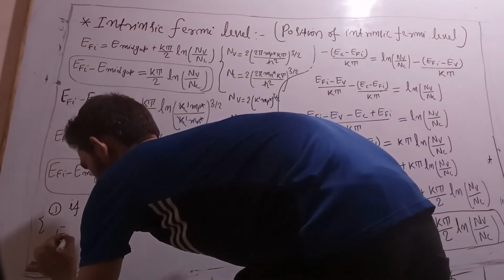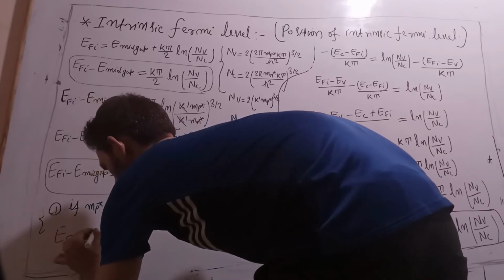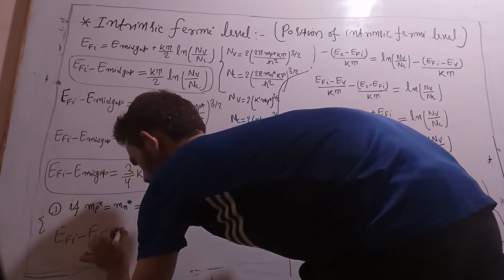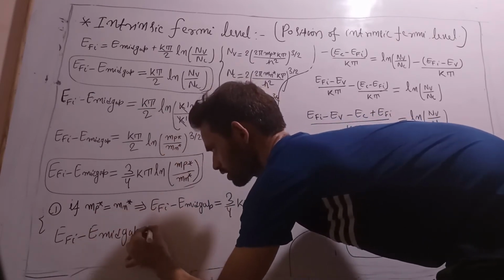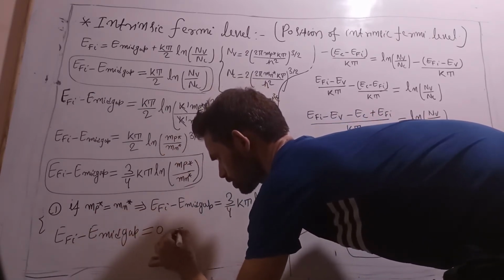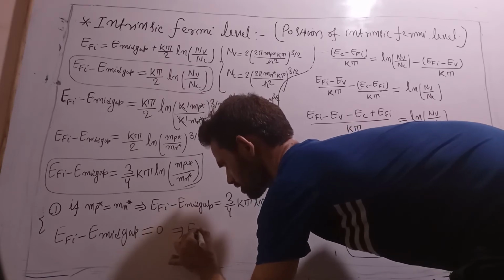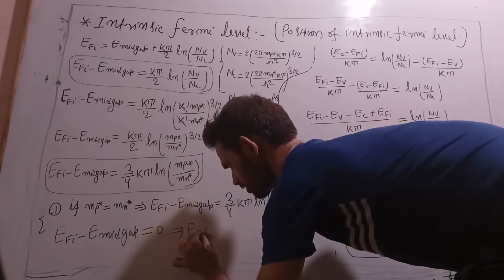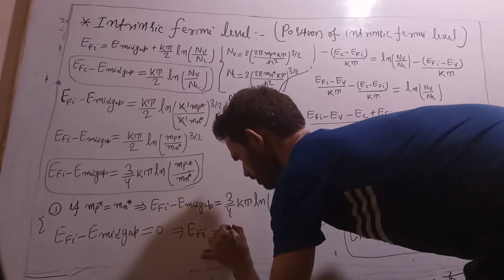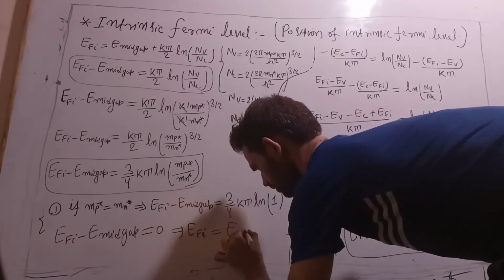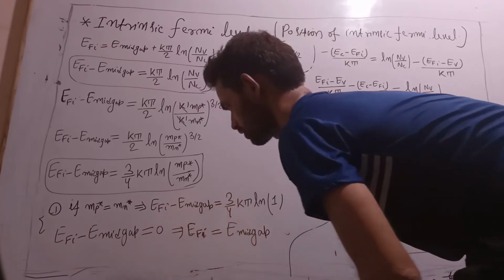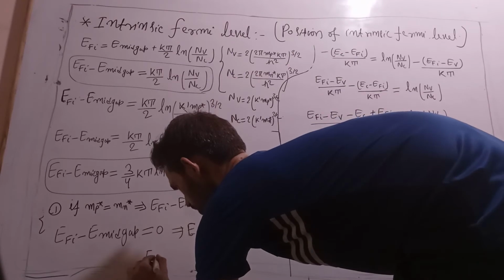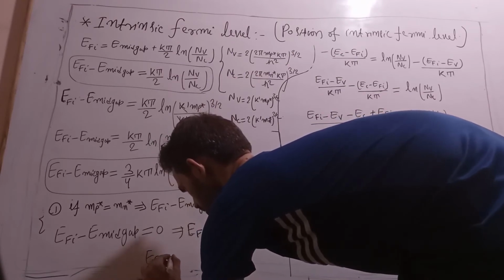So therefore here EFi minus E mid gap is equal to 0, which implies that the Fermi energy level EFi is equal to E mid gap.